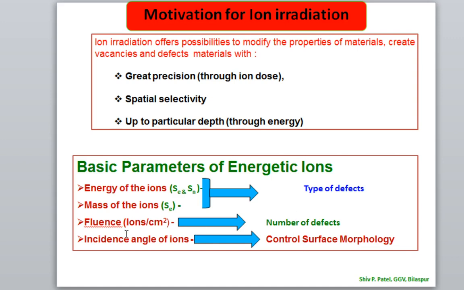And here, whatever I have discussed is the ion beam falling normally on the surface, but one can change the incident direction of the ion beam. If you change the angle of incidence, that can control the surface morphology of your sample.